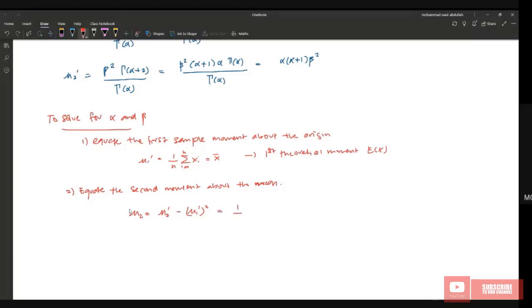So the sample variance is 1 over n summation of xi minus x bar squared from i equal to 1 until n. This is what we call the second theoretical moment about the mean, which is the expected value of x minus mu squared.